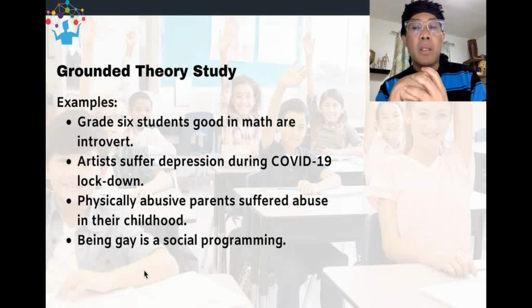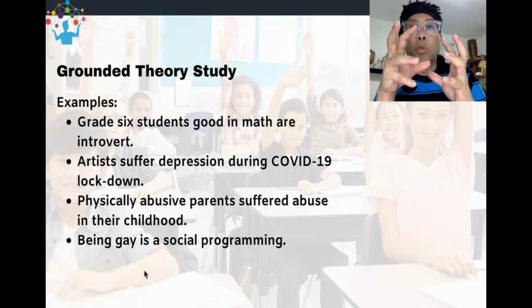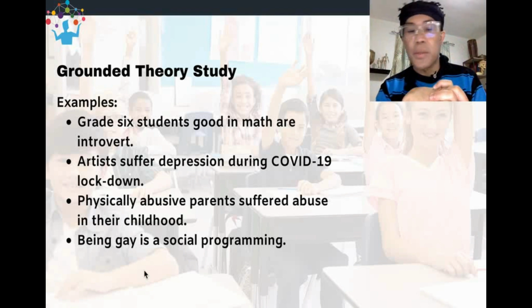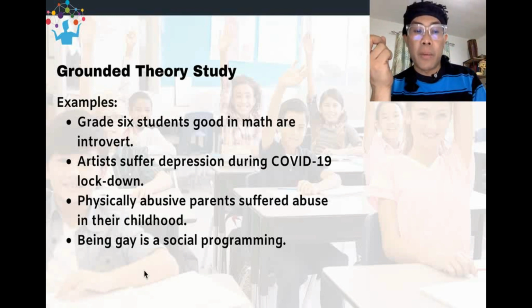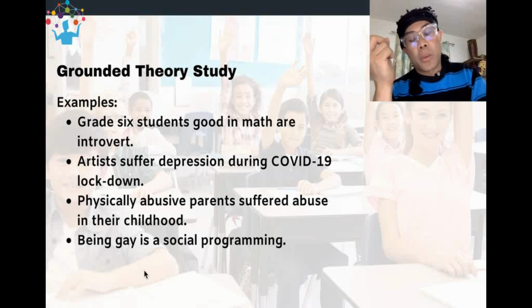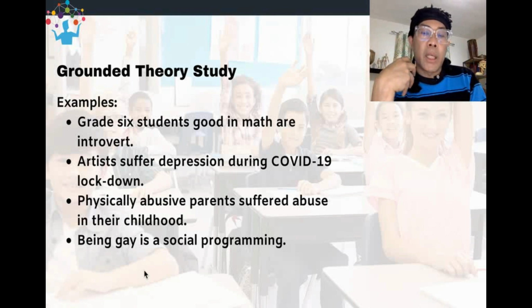Can we really hypothesize that when there is a lockdown or that kind of pandemic, artists who become isolated from society or from what they want to do are more susceptible to depression? And the next one is: physically abusive parents suffered abuse in their childhood. So what could be a better theory that would describe abusive parents?